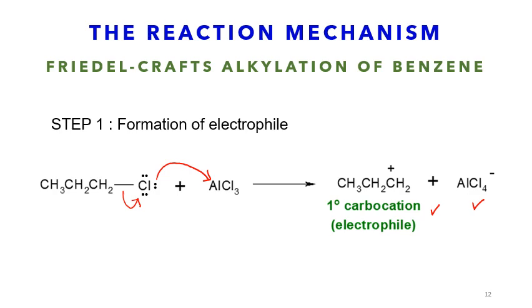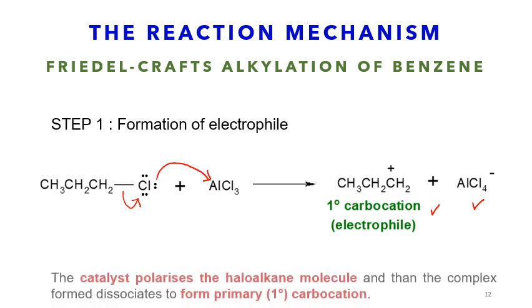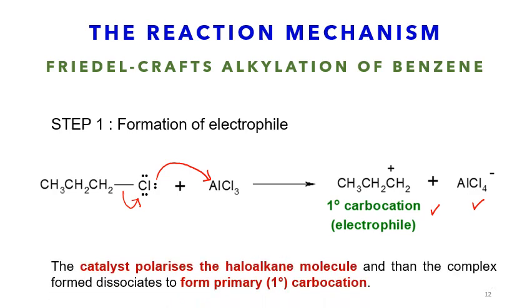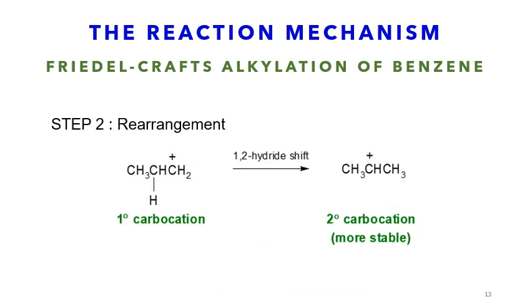Thus, we proceed to the next step that involves the rearrangement of the carbocation. The second step is to show the rearrangement. From the first step, we have produced the primary carbocation.